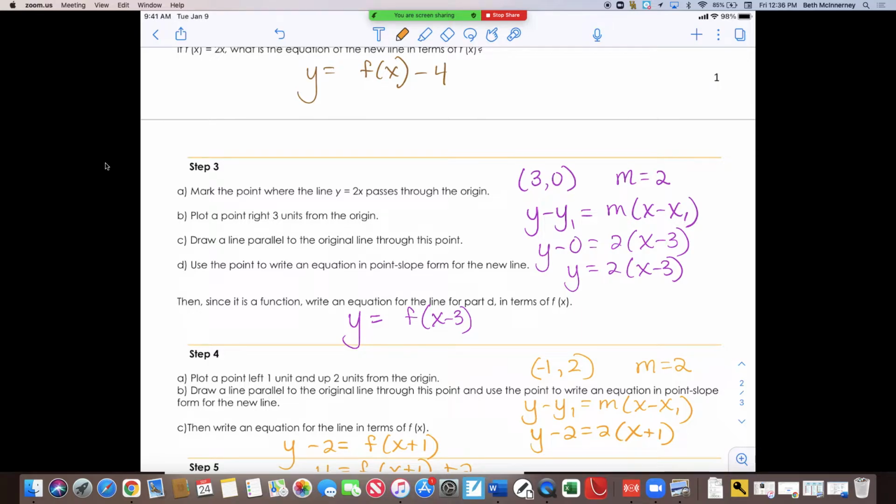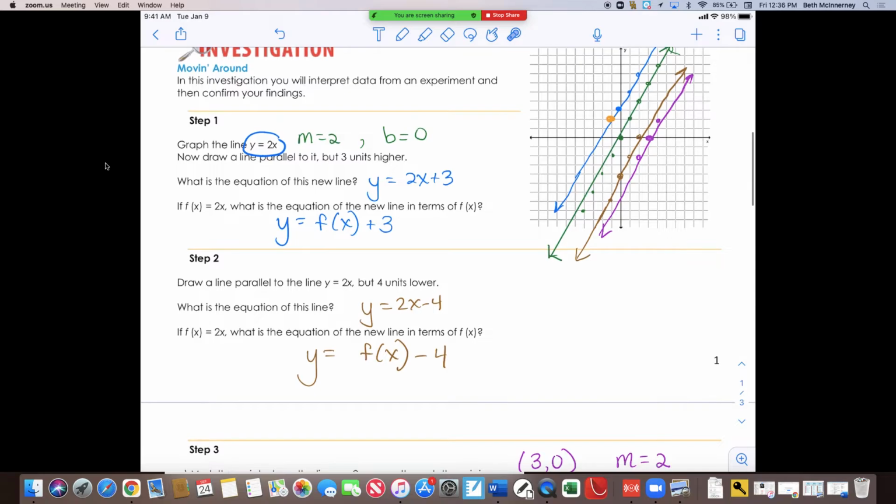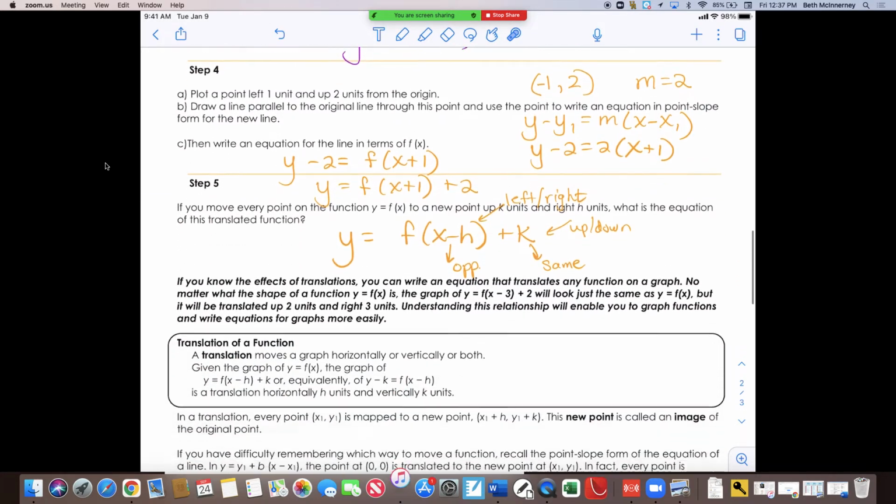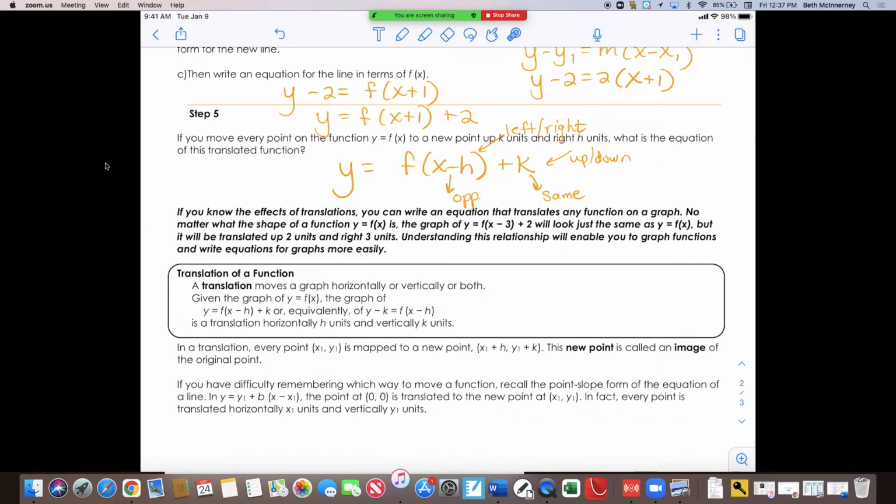When we moved it right 3 units, that was x minus 3. So right 3 did x minus 3. So it did the opposite of what you think. But when we went down 4, it was minus 4. So that's what I'm talking about, okay? So it's a little bit confusing. And then once we get the hang of it, it's very, very straightforward.